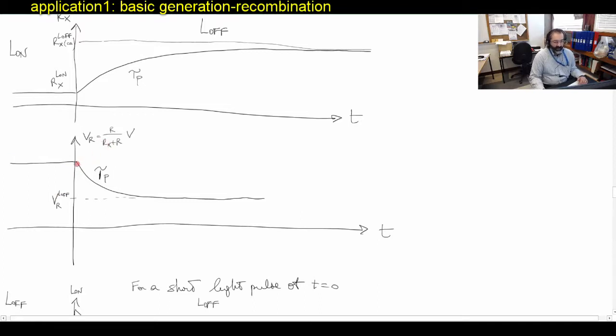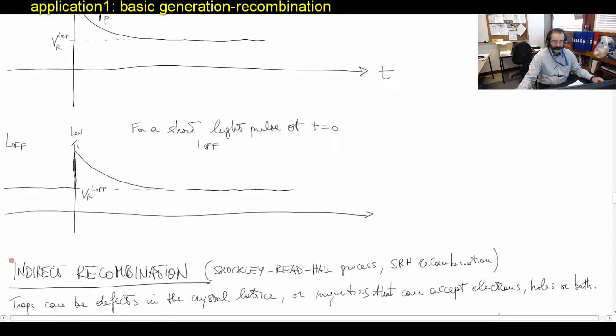Then as we switch off the light, Rx starts increasing, because the semiconductor becomes less and less conductive, and so V falls with a time constant again tau p. So we can use this very simple circuit to measure the lifetime of the minority carriers, which is quite interesting.